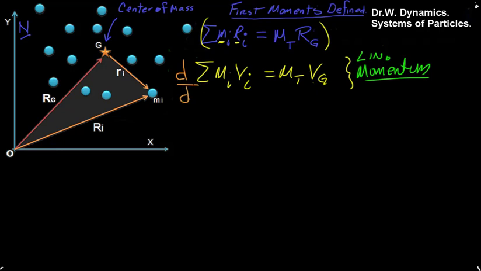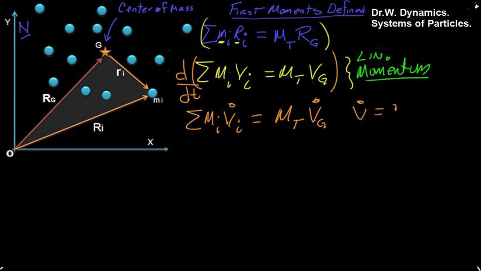momentum equations, and we'll get the sum of the mi vi dot is equal to m total v of g dot. And recall that v dot is a, so this really says the sum of the mi ai's is equal to m total a of g, the acceleration of the center of mass.